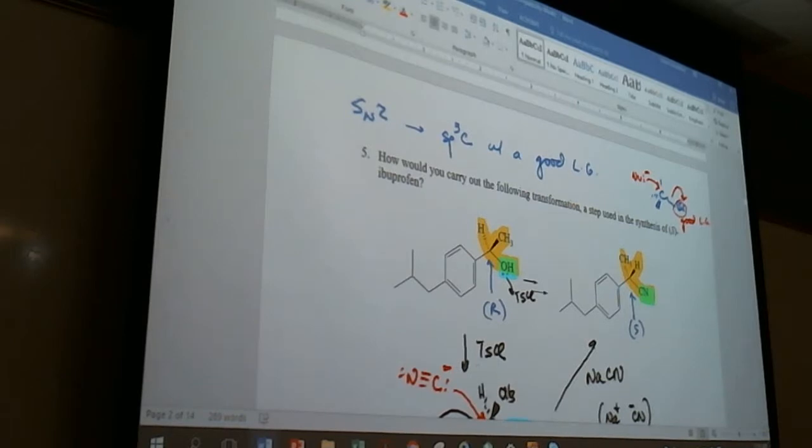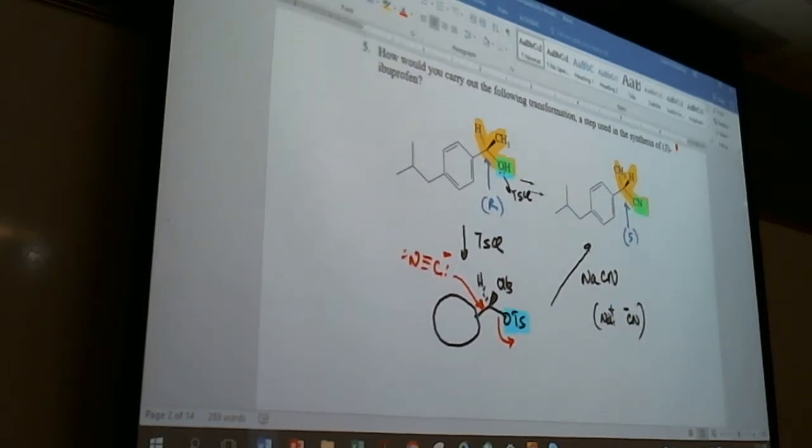Remember in here, we had done this exercise in which we converted an OH into a tosylate. That does not involve a change at the stereochemical center, because we're just touching a bond over here. We're not changing stereochemistry here.